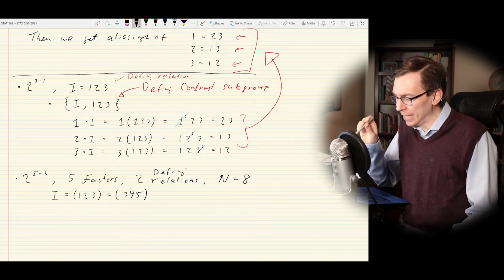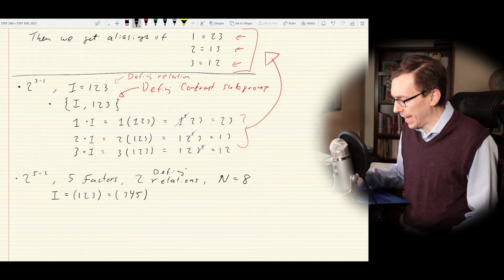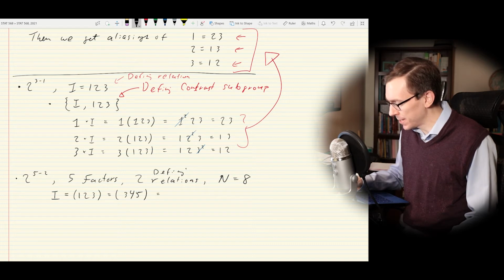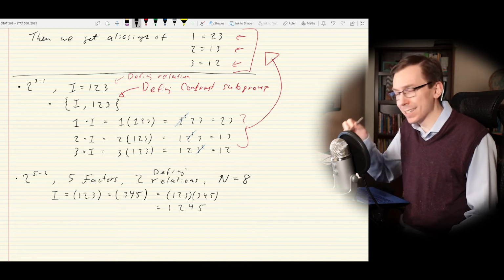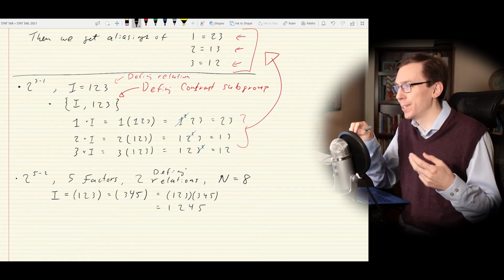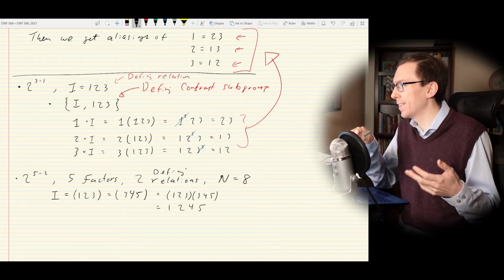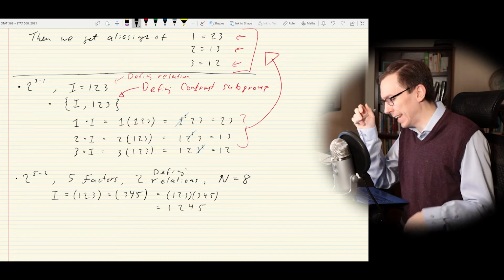So the elements 1, 2, 3 and 3, 4, 5 act as the generators for the group. And if I multiply both of those together, I get the third element of the group. And that element is 1, 2, 4, 5, because the 3's cancel out with each other. Remember, they're an element of order 2, so if I square them, I guess idempotent, right? If you square them, you get the identity, so they cancel out.